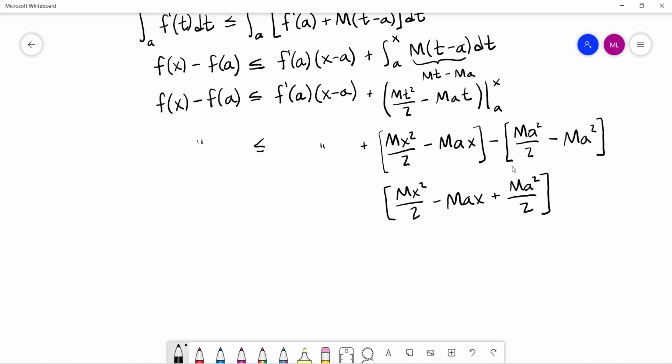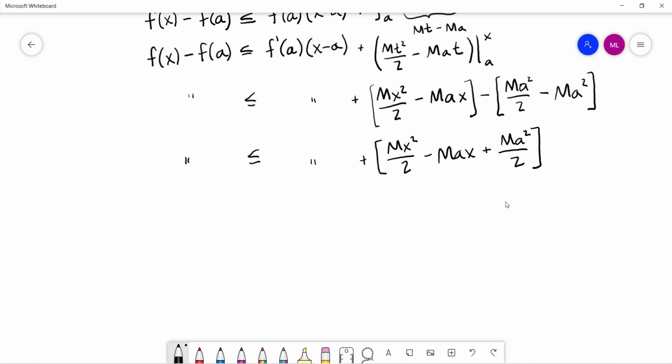And this piece here may not be obvious right at first glance, but that thing is a foiled out perfect square. If we write this out, maybe the easiest thing to do is let's basically factor the 1/2 out.